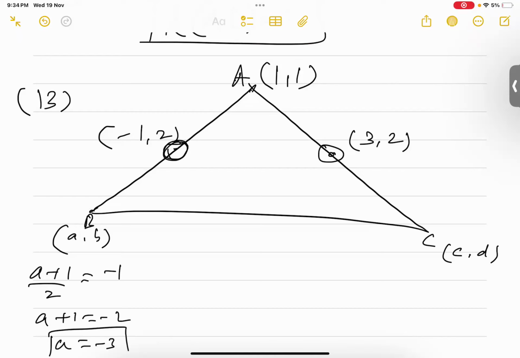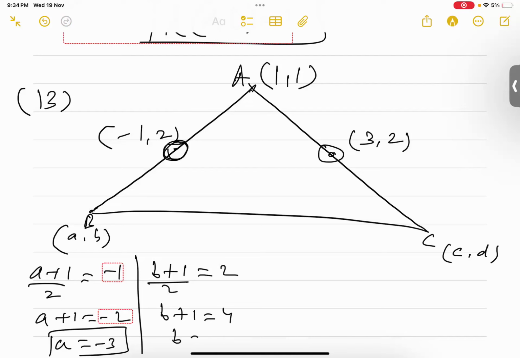A is equal to -3. And b plus 1, I'm using the midpoint formula, (b plus 1) upon 2 is equal to 2. B plus 1 is equal to 4. B is equal to 3. So we got the value of B, that is -3 comma 3.